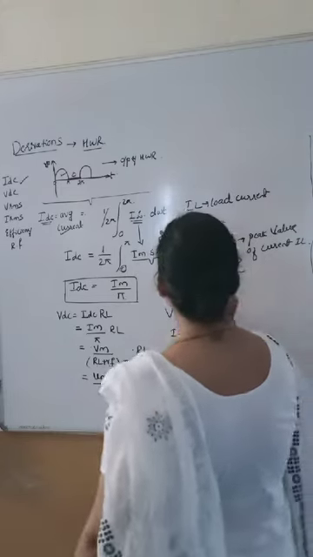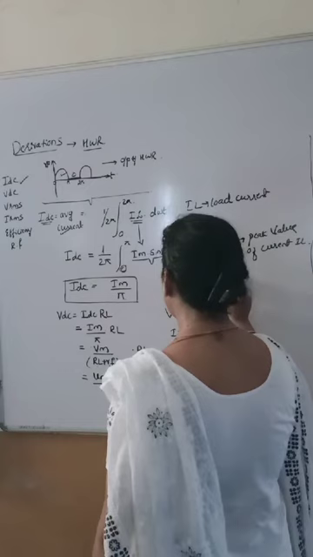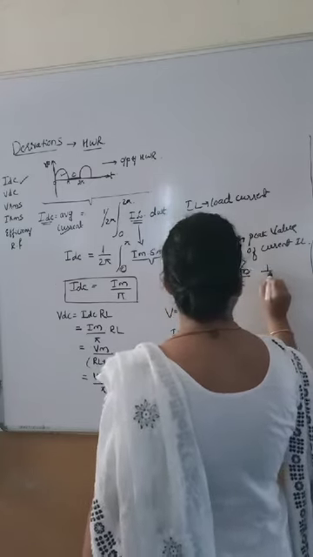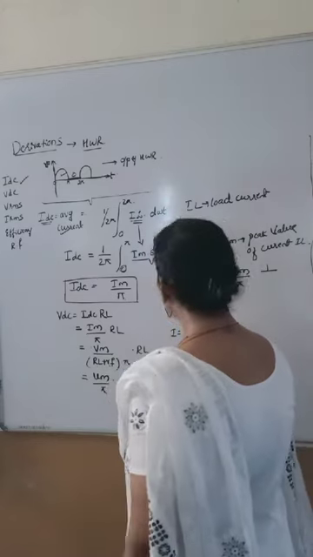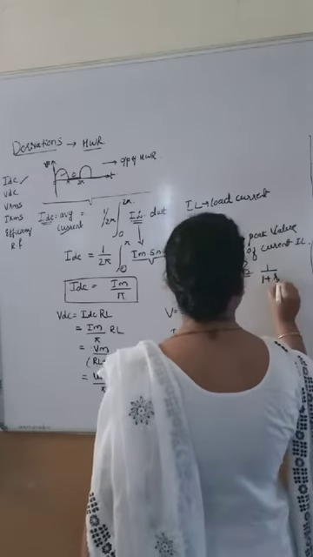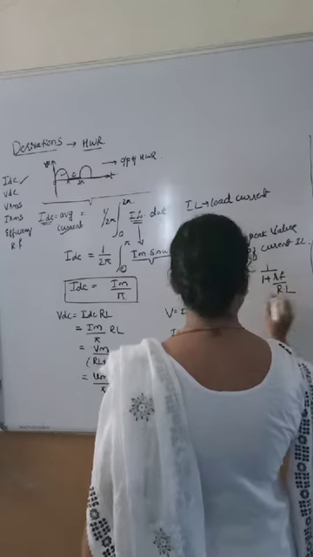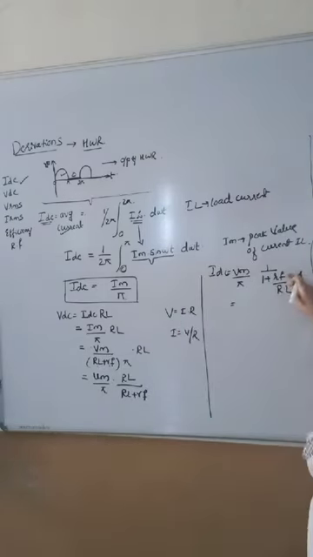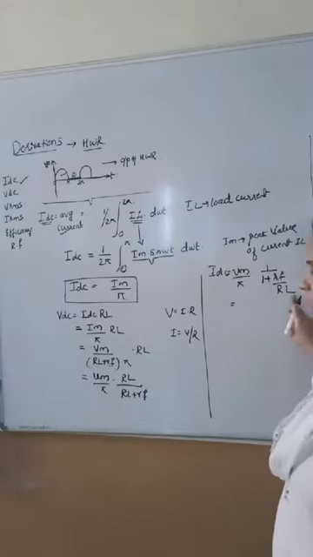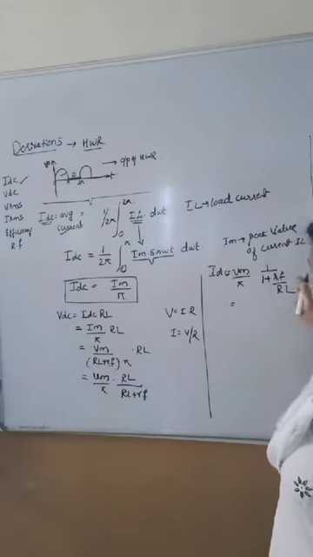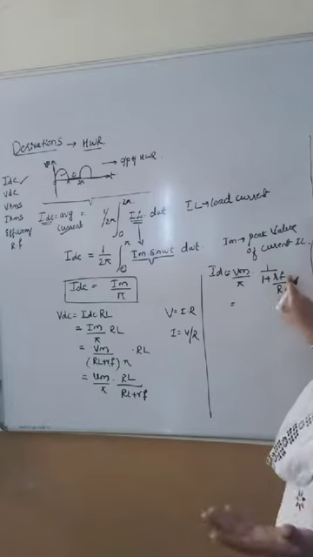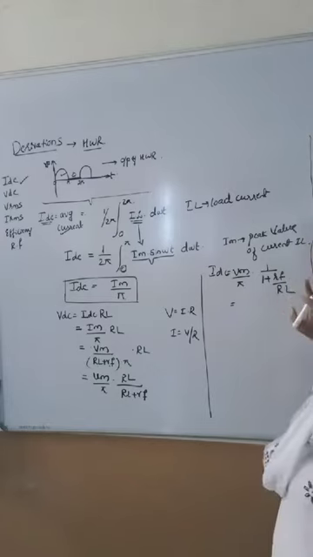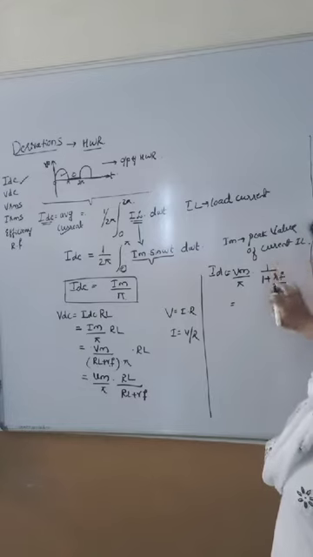So I will be writing IDC as Vm by pi into 1 divided by 1 plus RF divided by RL. RF is the internal resistance of a diode, whereas RL is the load resistance. Its value is going to be very high compared to this, or you can say RF value is very small compared to this. So this term can be neglected, and we are left with 1.